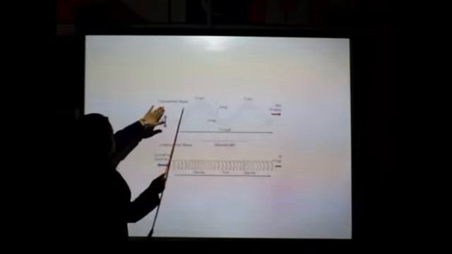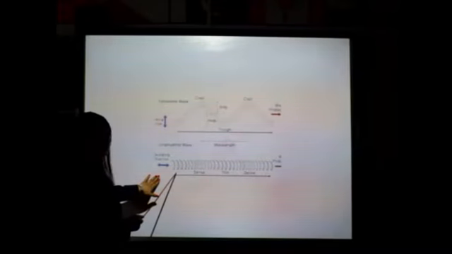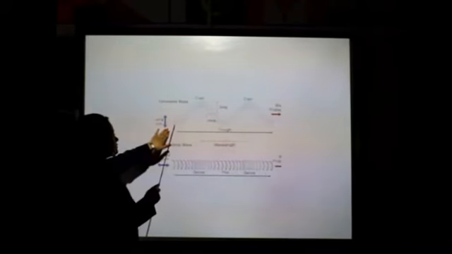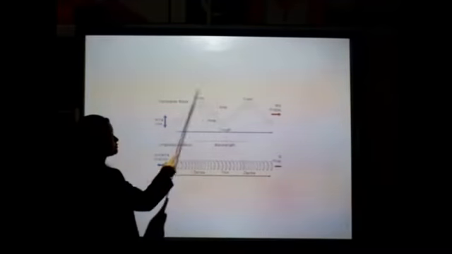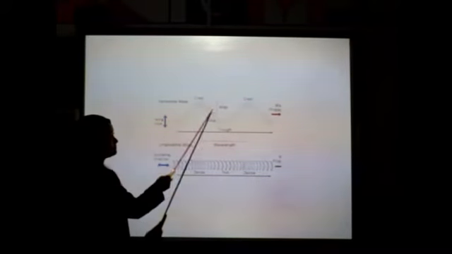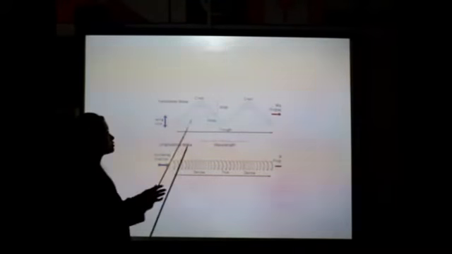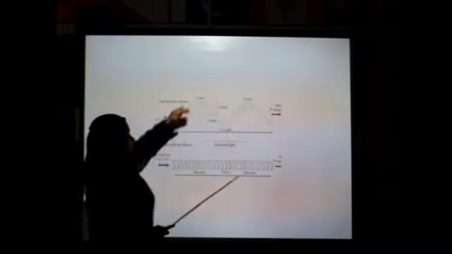Now see here, transverse wave and longitudinal wave. In a transverse wave, when the particles go up and form the curve up to the highest point, that is called a crest, C-R-E-S-T.